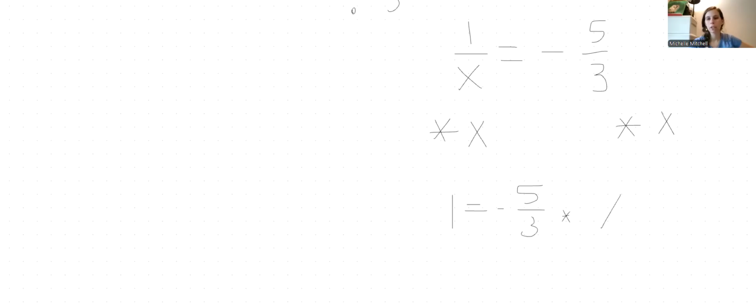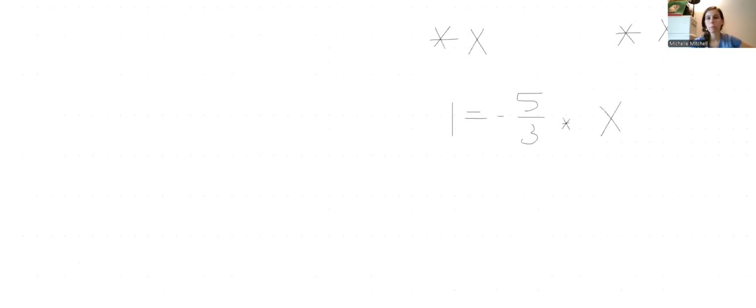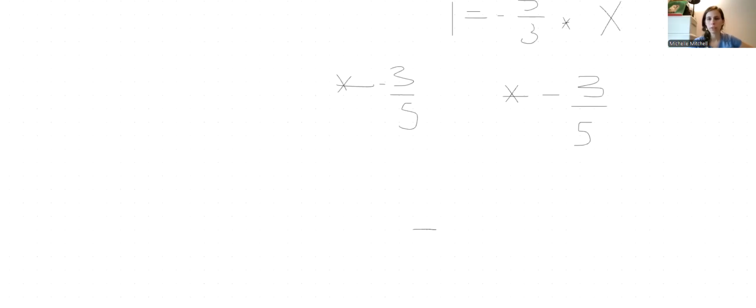Now we want to get rid of that fraction, right? Move it to the other side. So we're going to multiply by its reciprocal, and we'll take the negative with it. We're going to multiply both sides by negative 3/5. Remember, you multiply by the reciprocal to get rid of a fraction. Then you end up with negative 3/5 equals x. Okay, that is a way that you can get the answer.